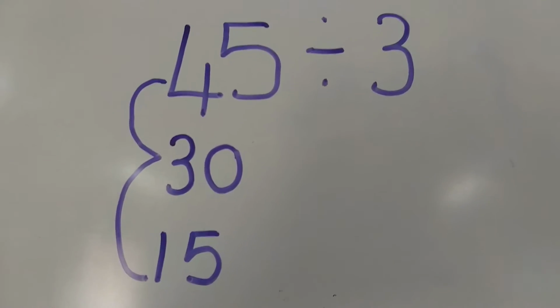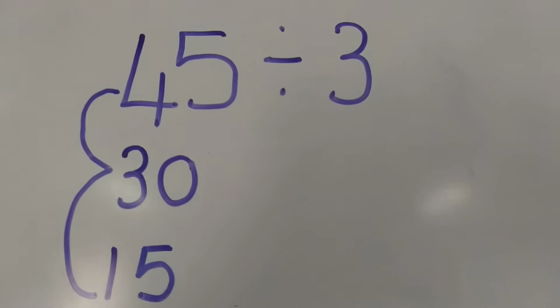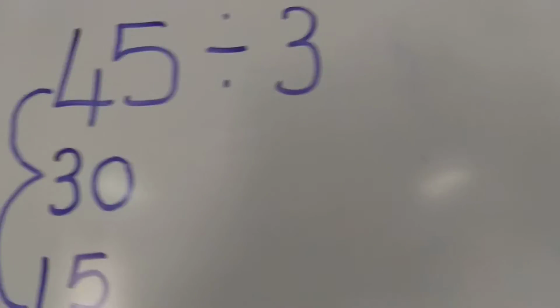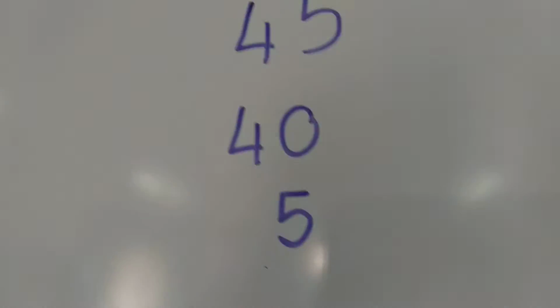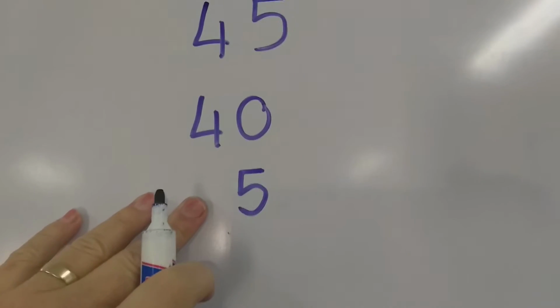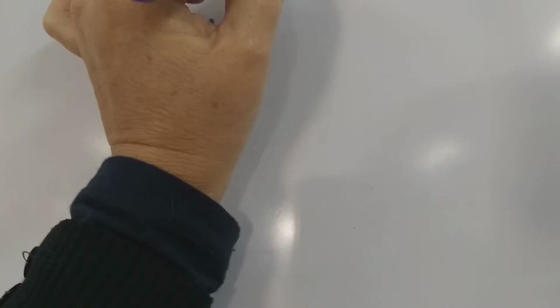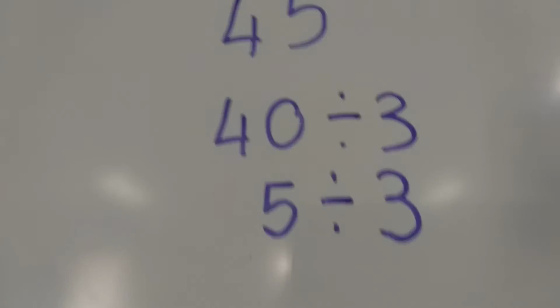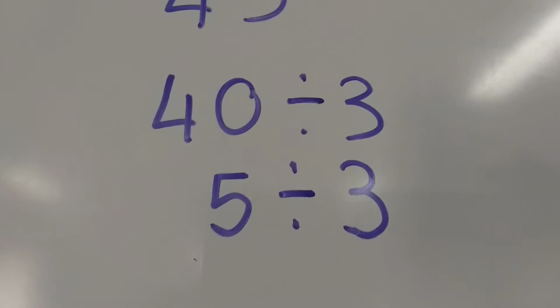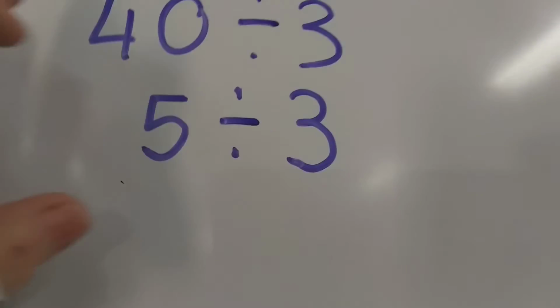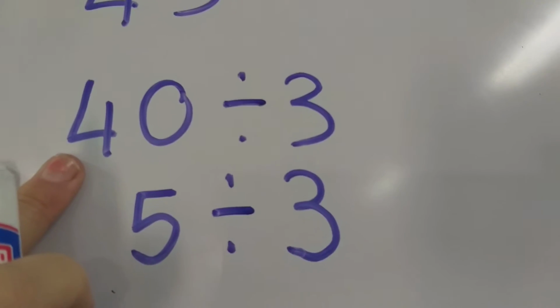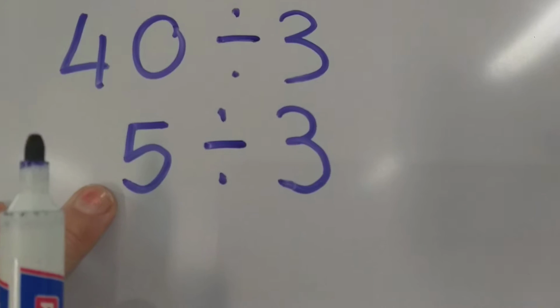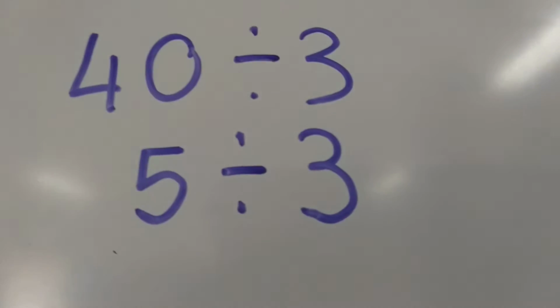Now, let's just discuss that further. Why don't I break 45 down into 40 and 5, tens and units? The simple answer is that if we divide those numbers by 3, they will not divide perfectly. You cannot divide 40 by 3 perfectly. You cannot divide 5 by 3 perfectly either.